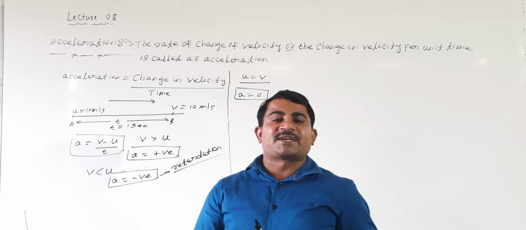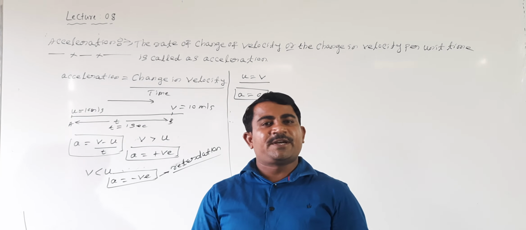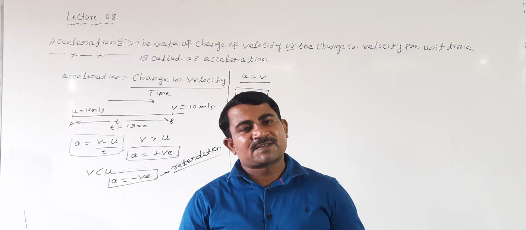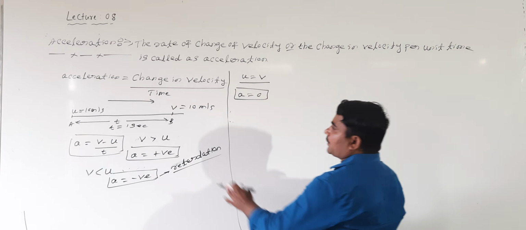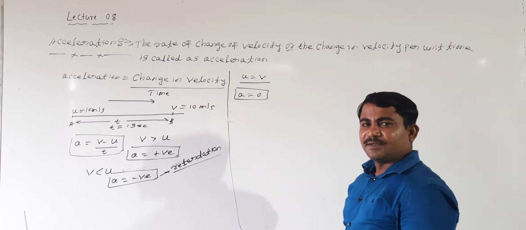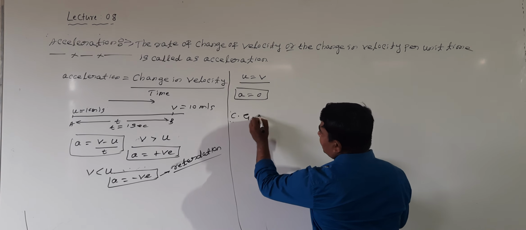Now students, let us see how to write the CGS unit and the SI unit of the physical quantity acceleration. Then again we will see how to take the dimensional formula. Acceleration is equal to change in velocity divided by time. Right? What is the CGS unit?